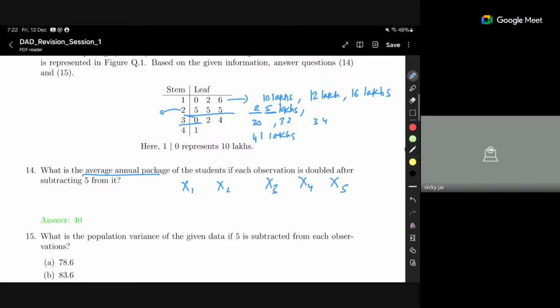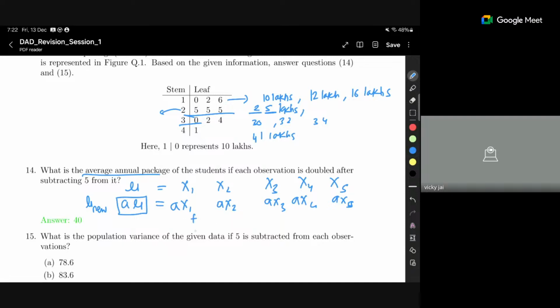Right? So these 5 values are there. If you multiply each of them by a constant, let's say a is the constant, ax1, ax2, ax3, ax4, ax5, right? So if you multiply each of them by a constant, the mean will also multiply by that constant. So this will become the new mean. You will multiply the mean by that constant and you will get it.